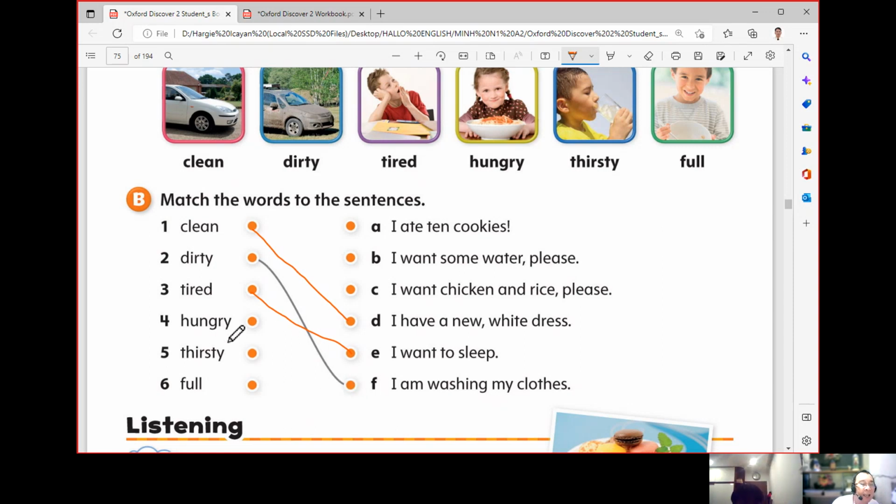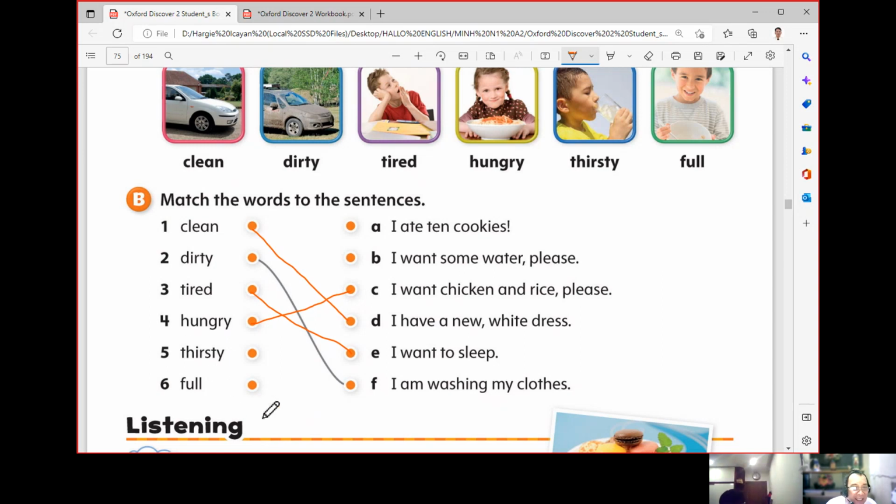And then hungry. If you're hungry: I want chicken and rice, please. So if you're hungry, you are going to look for chicken and rice.